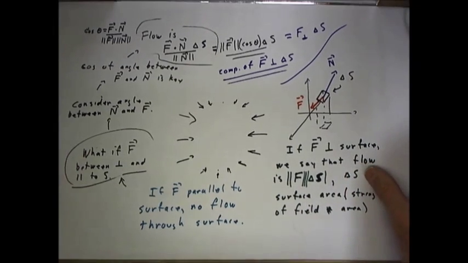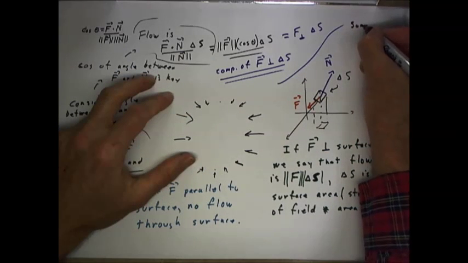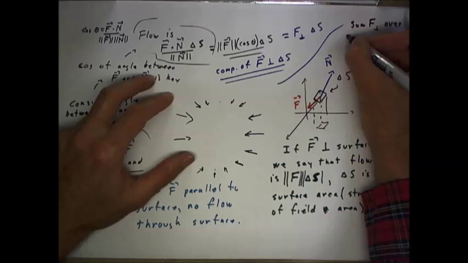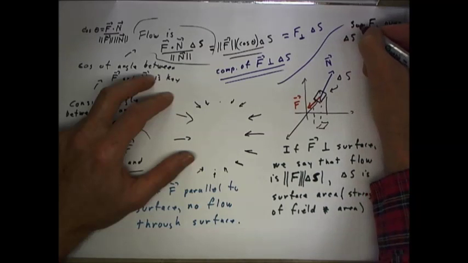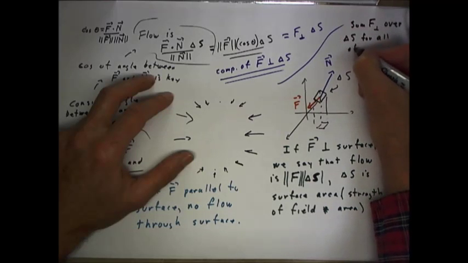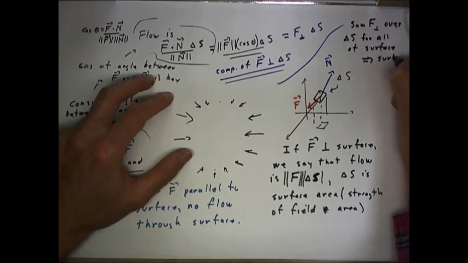And this pretty much outlines the process of summing F perpendicular over delta S for all of a surface, which gives us what we call a surface integral.